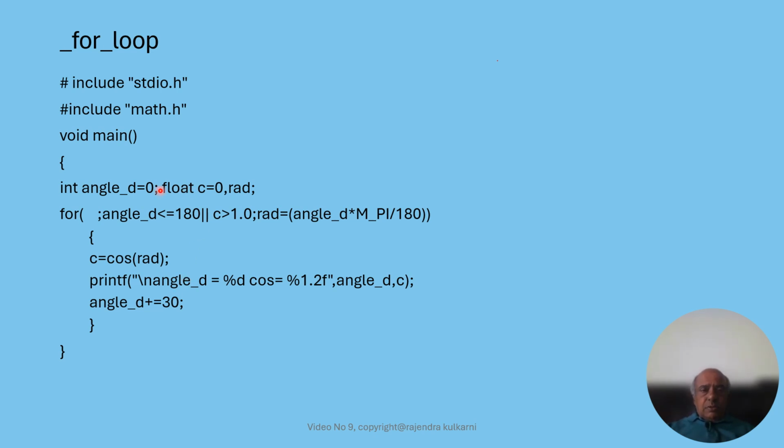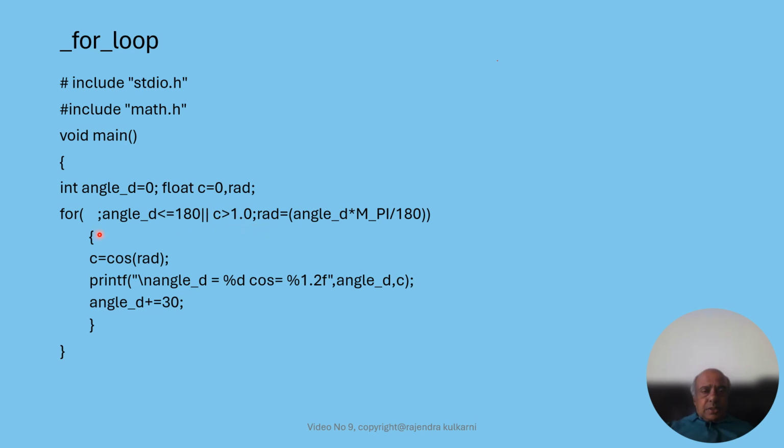First of all, angle in degrees is 0. In the program we are incrementing this angle in every iteration by 30 degrees. So initialization is absent because angle underscore d is equal to 0 is already initialized. No need to initialize it again here. But if we want, we can do it, no issue.